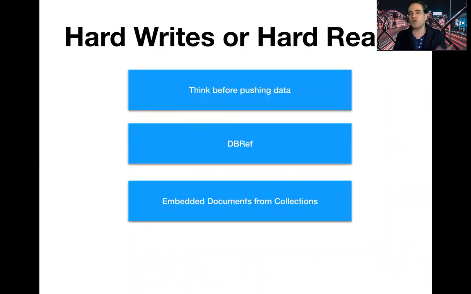So you get to the problem of, okay, what do I do? Do I do hard writes or hard reads? What is that meaning? Okay, when you're having an application on a database, for example, in the SQL world or universe, you actually are doing easy writes and hard reads. Why?